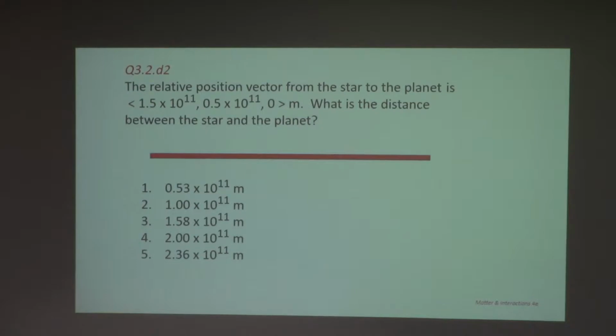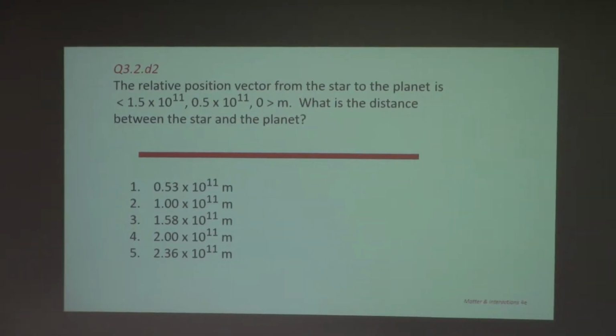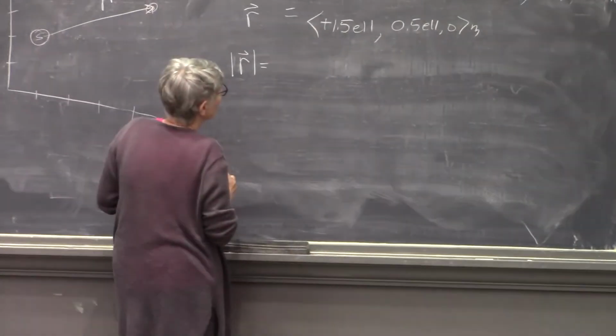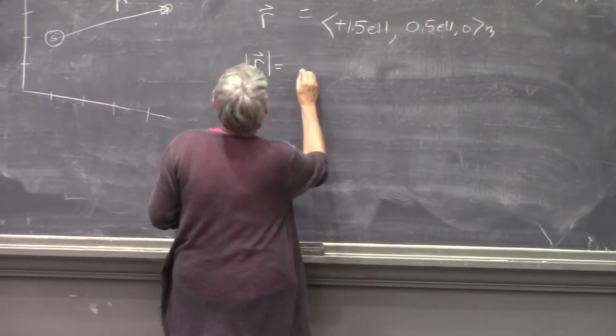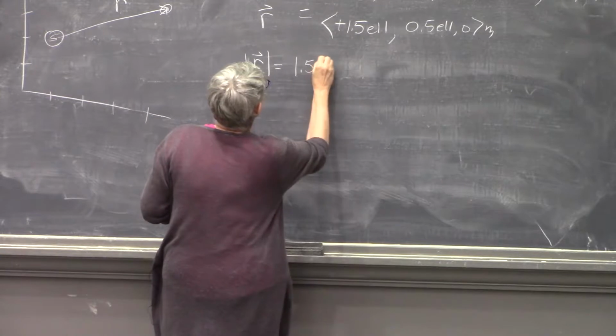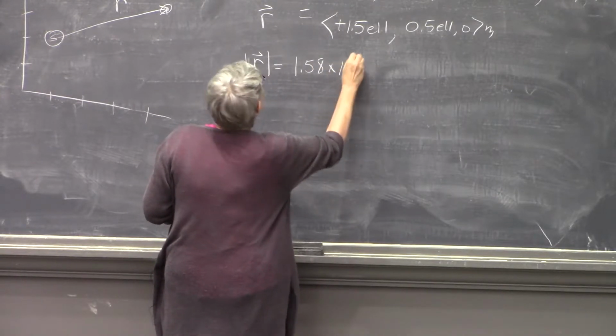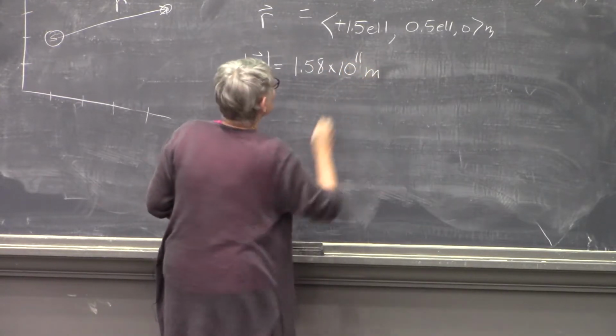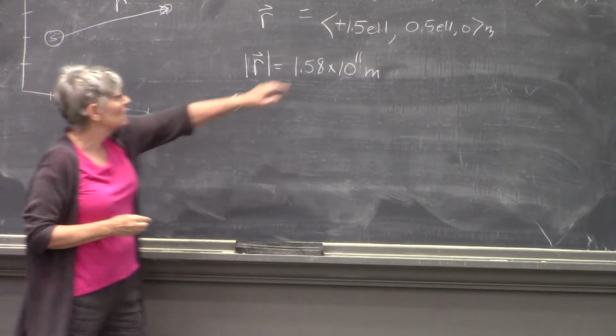All right, so we need a number. We got a number? Okay, people are saying 3 who've actually done the calculation, and that's right. So the magnitude of r is equal to 1.58 times 10 to the 11 meters.